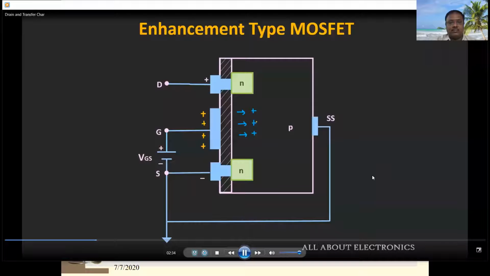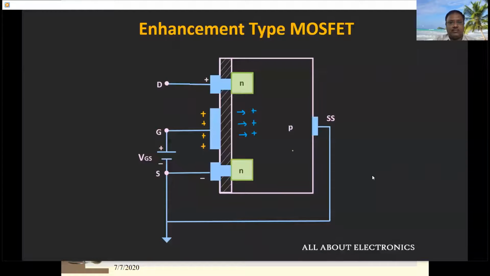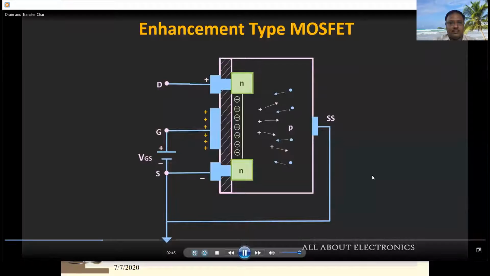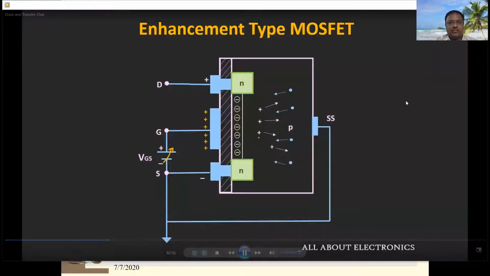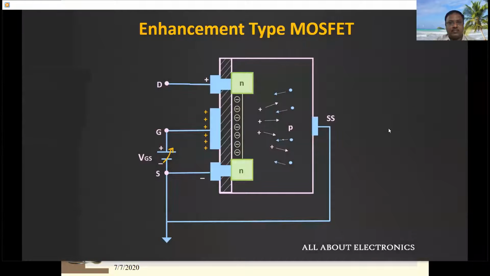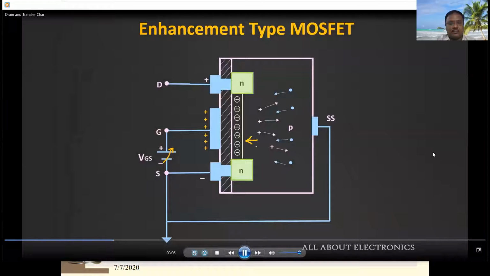And at the same time the electrons which are the minority carriers in this p-type substrate will also get attracted towards this gate terminal. But at the lower voltage of VGS, these electrons will get recombined with this majority charge carriers. Now as we keep on increasing this voltage VGS, then the holes will be pushed more and more deeper into the substrate, and the electrons will be able to overcome the recombination with these holes, and they will be rushed towards the gate terminal.